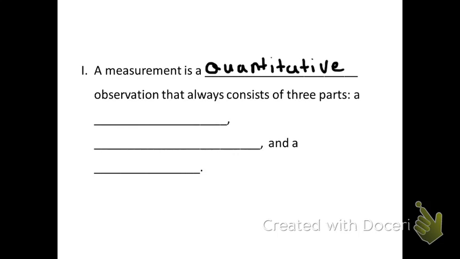The three parts is a number, must always have a number, an uncertainty, and a unit.